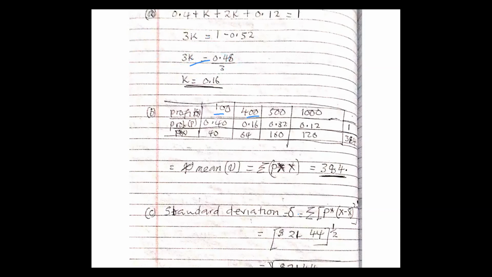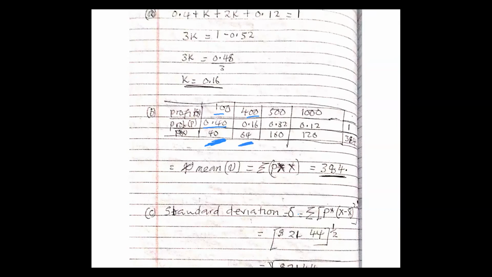Therefore, this means that for the first payoff, the probability was 0.4. Like 0.4 times 100 gives us 40. Then plus, where there was K, we put 0.16, that was the value of K. So 0.16 times 400 is 64.